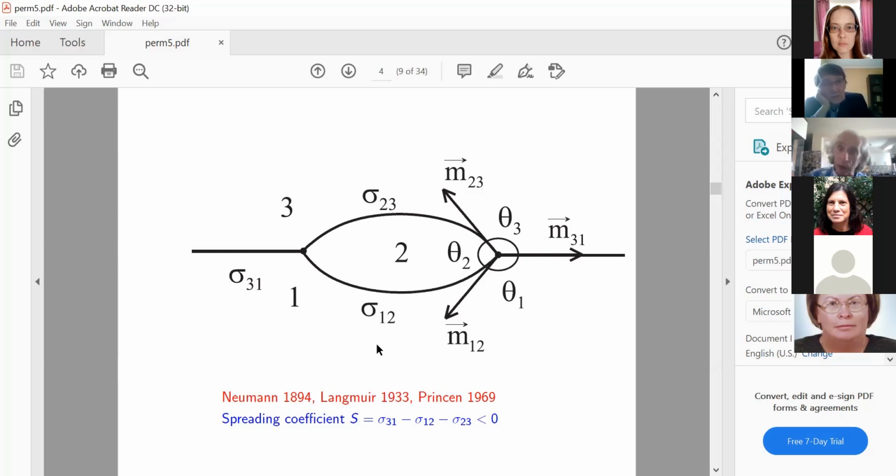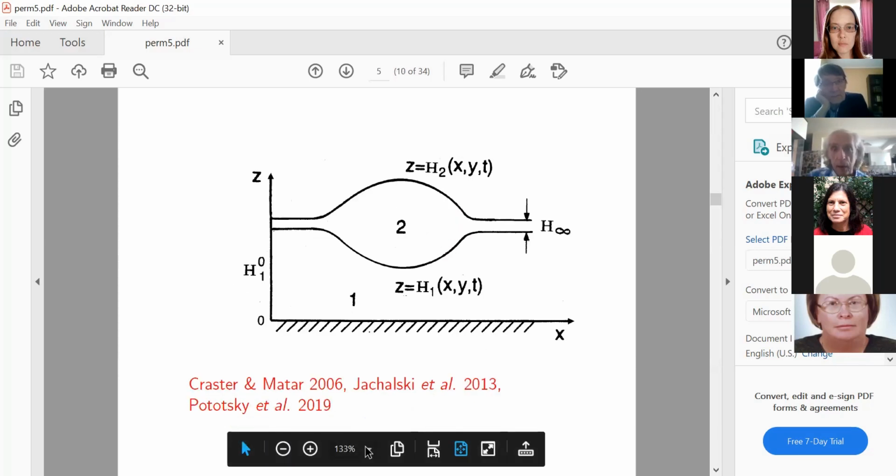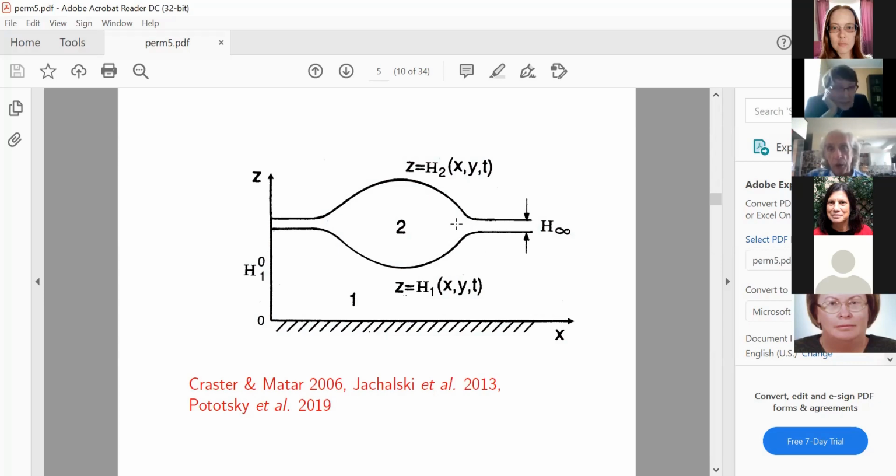Another possibility is, however, a phenomenon which is called pseudo-partial wetting.